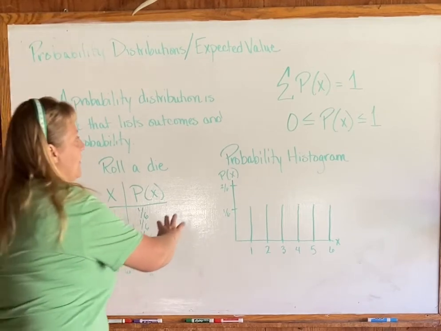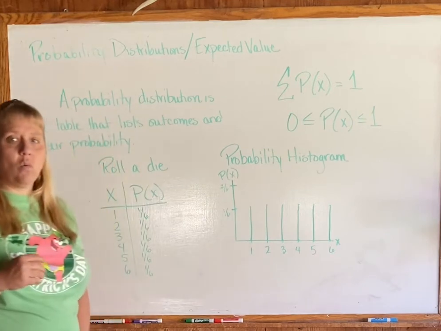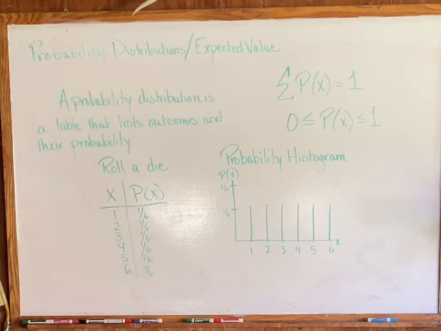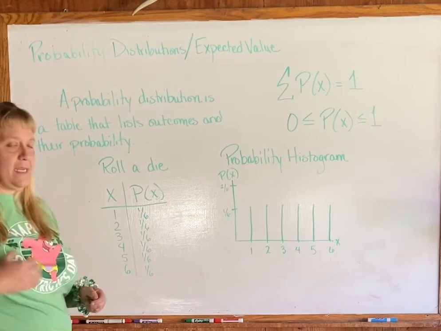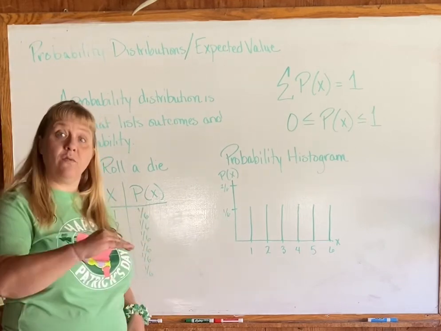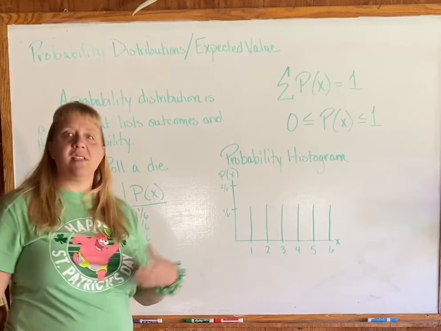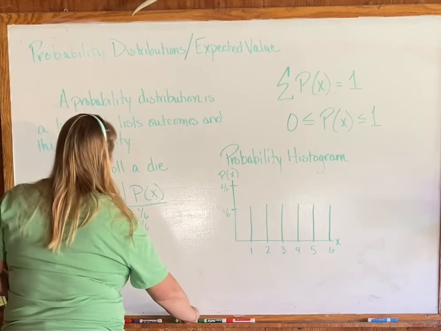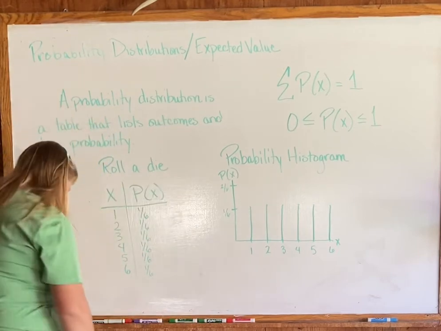By creating this probability histogram, we're relating this back to statistics, and we're going to use this to calculate different probabilities. This graph would be considered uniform, right? But hopefully we're going to start seeing the bell-shaped curve again and all that kind of stuff. But before we do that, we want to talk about expected value.